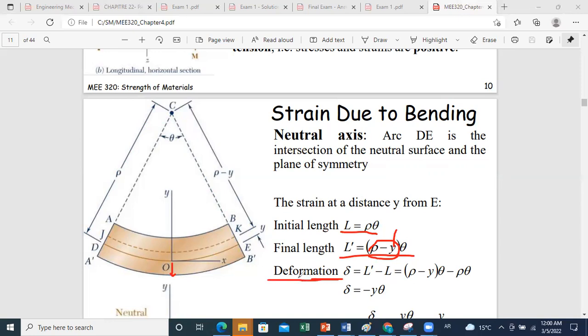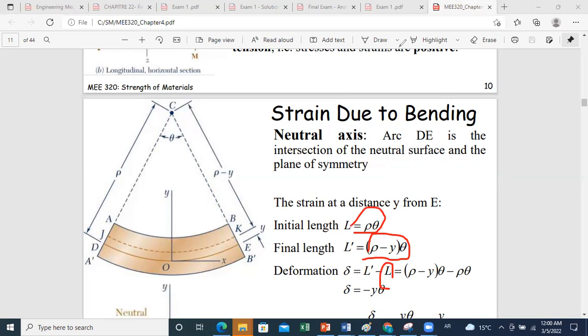You know that the deformation is calculated as the variation of the length. So for any line above or below the neutral axis, the expression of the final length is rho minus y times theta. However, the initial length is equal to the length of the neutral axis, which is rho theta.